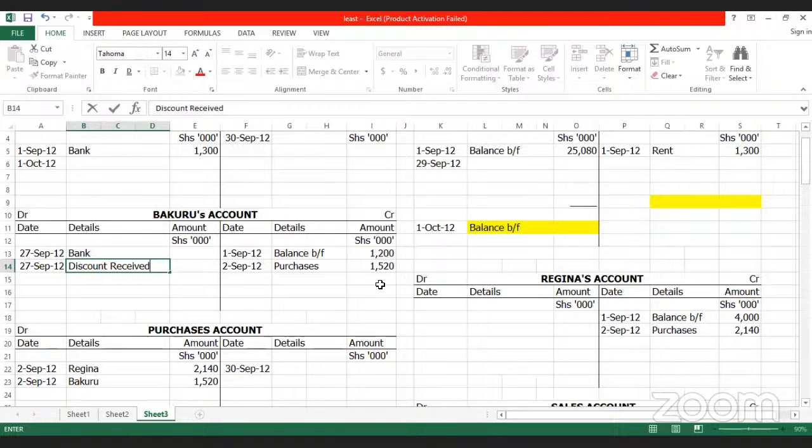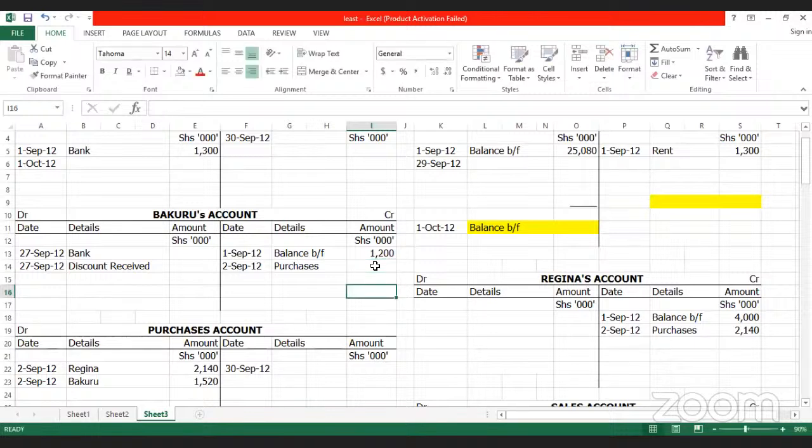Now they have said to settle the accounts of Bakuru and Regina by check, less 5% discount. We have to first of all find out how much is the account balance. When you look at the credit, how much the purchases in Bakuru's account are, I think I'm making a slight mistake.